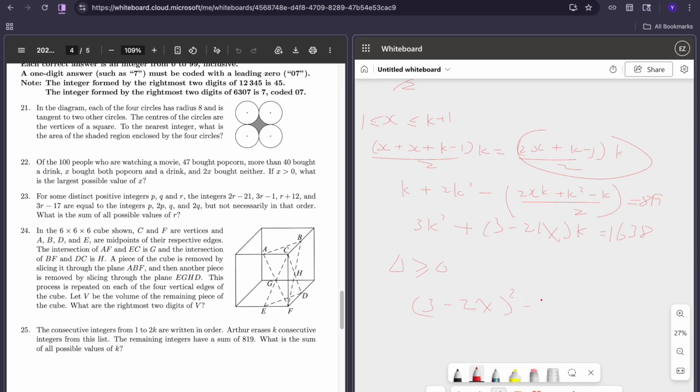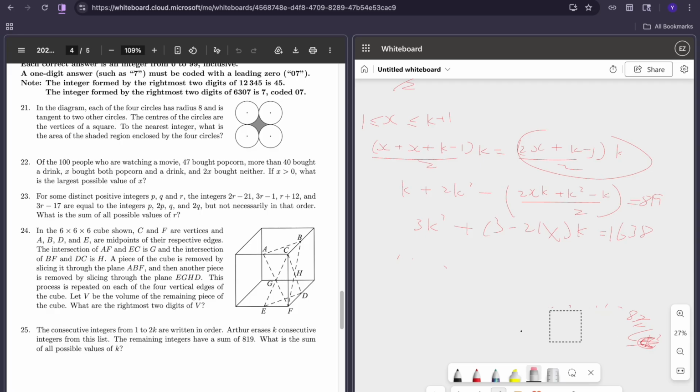Delta would be 3 squared plus 4 times 3 times 1638 needing to be something integer, to be something c squared, which is too hard.